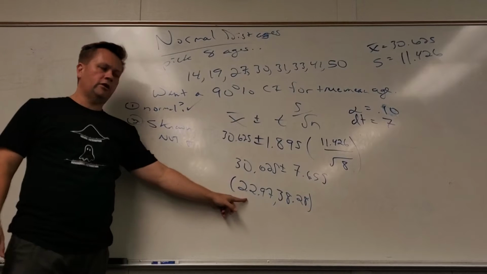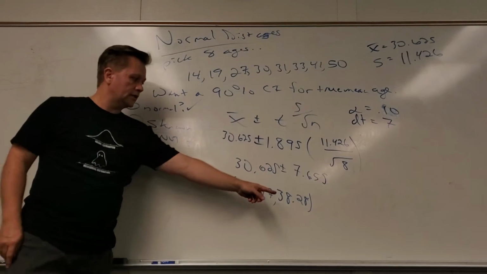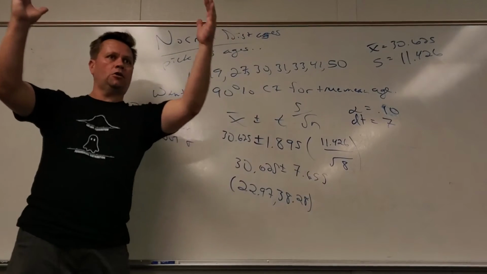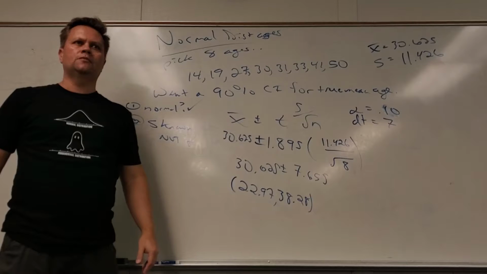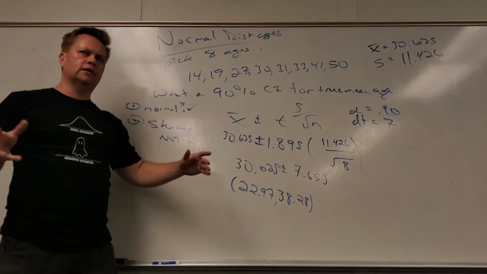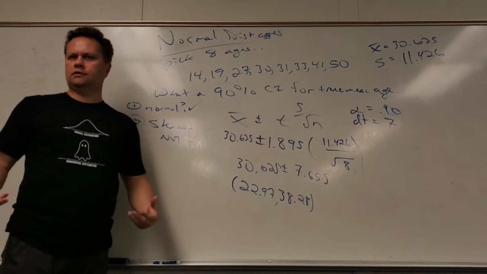No, because this has 25 in it. So it's not evidence that it's more than 25. But it is evidence that it's less than 40 because the whole interval is less than 40. It doesn't overlap with that. So this is a very basic test of a claim. I can see what my interval looks like and I can kind of get a feel for if it's true or not.